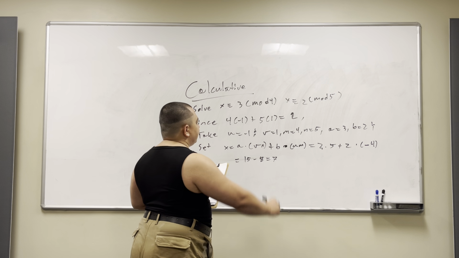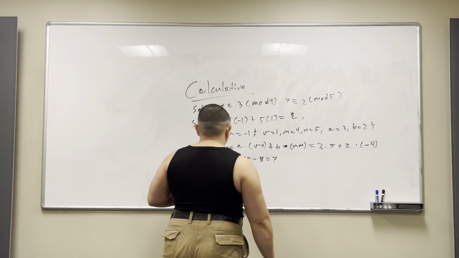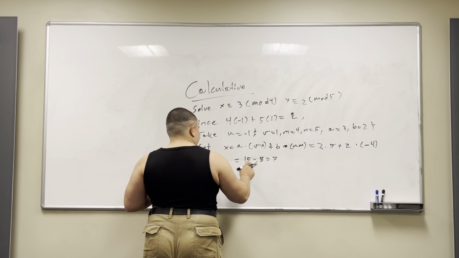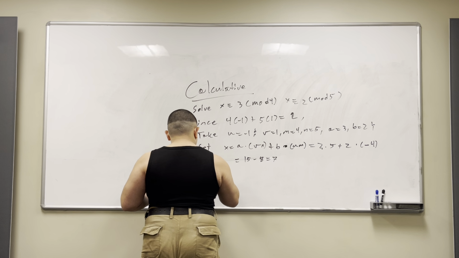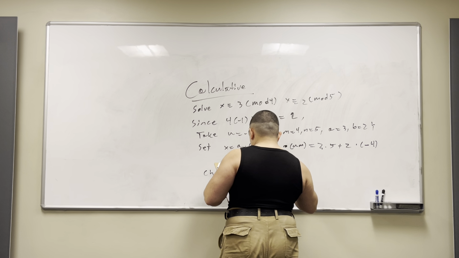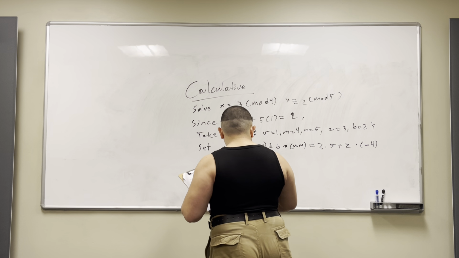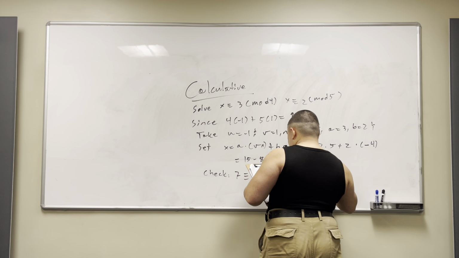So we broke this thing up into these variables, in case you couldn't see that yet. But yes, we get 7. Now let's check this. 7 is 3 mod 4, which is true, and 7 is 2 mod 5.